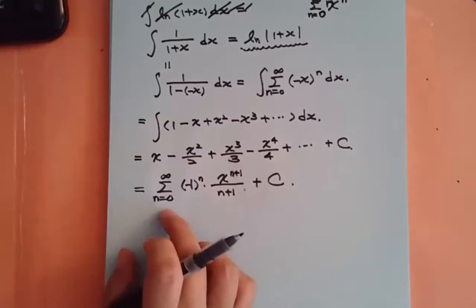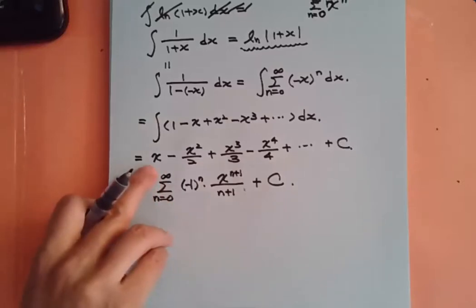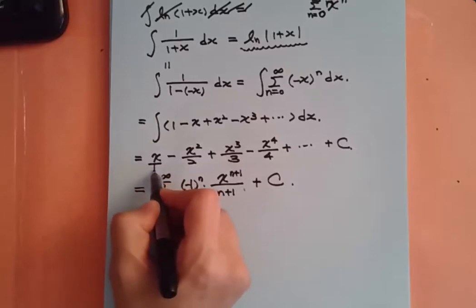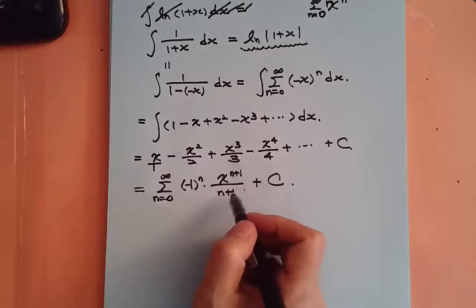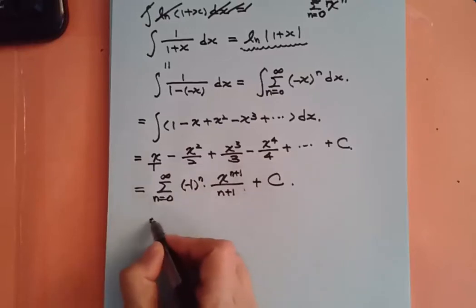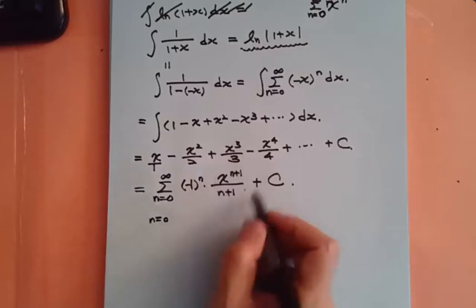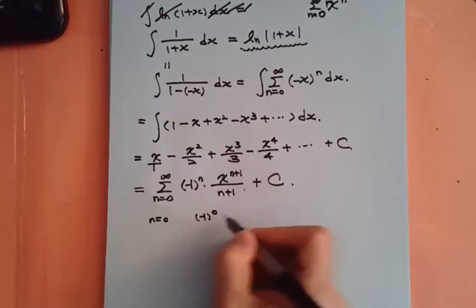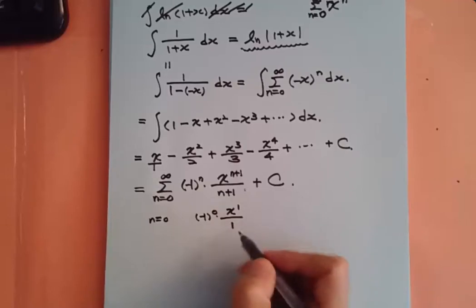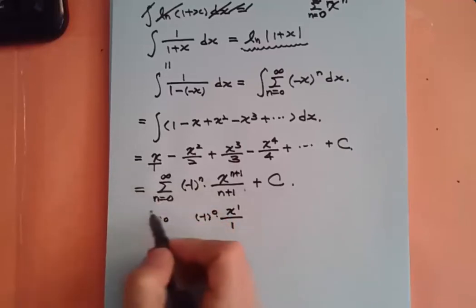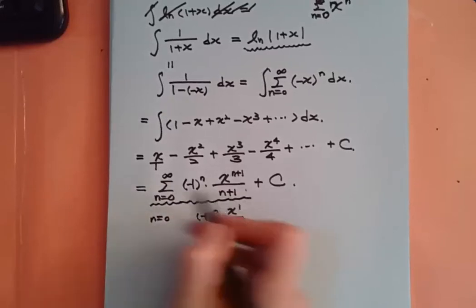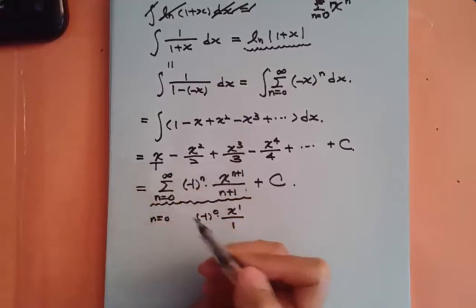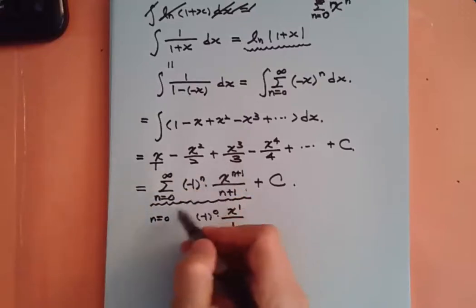When n equals 0, the first term should start with x, so this one is x over 1, so it should be n plus 1. When n equals 0, this part will be negative 1 to the 0 power, x to the 0 plus 1 power over 1. So as long as this fits into this expansion, that is the correct expansion.